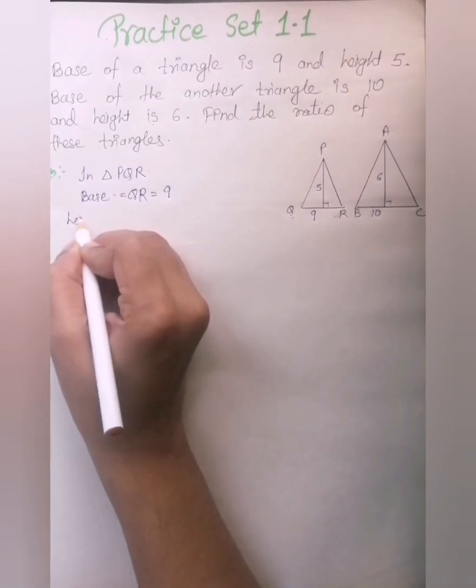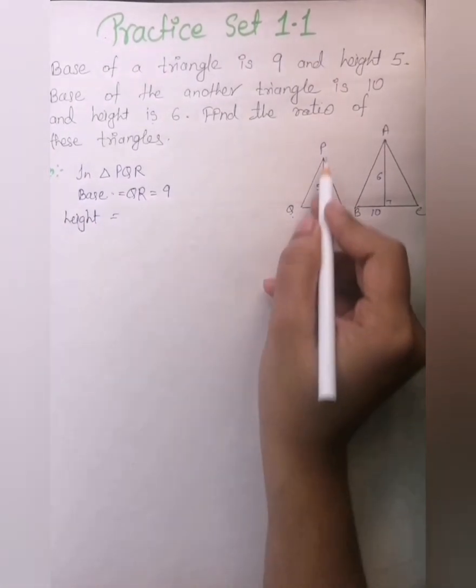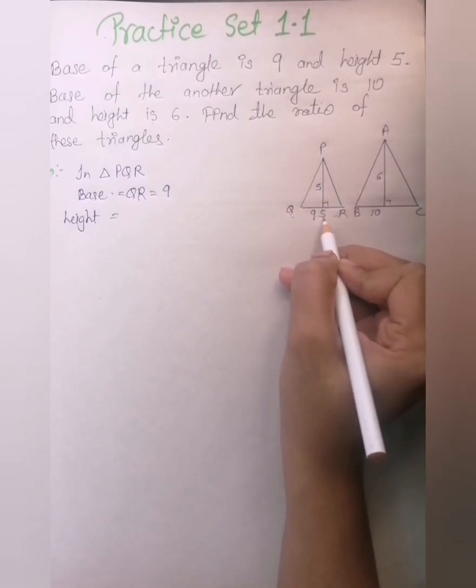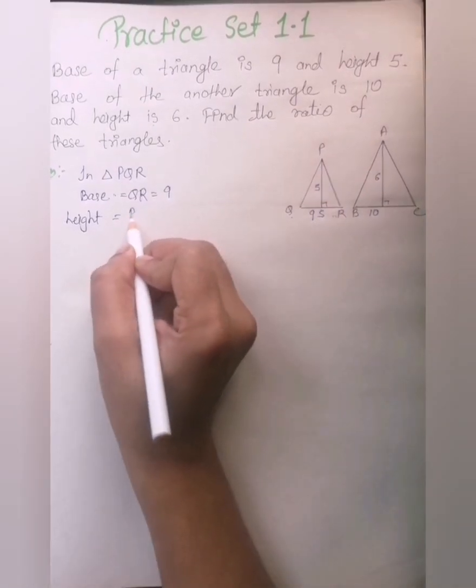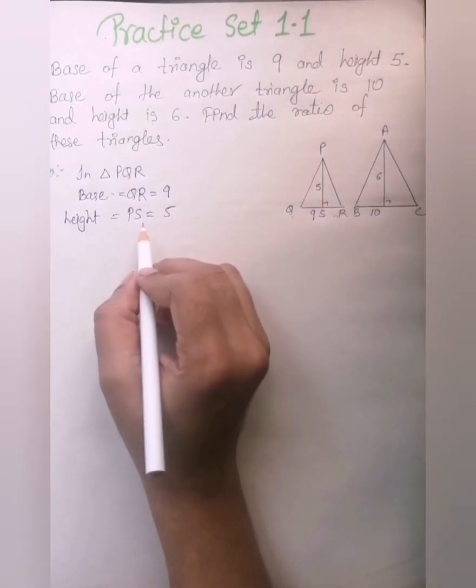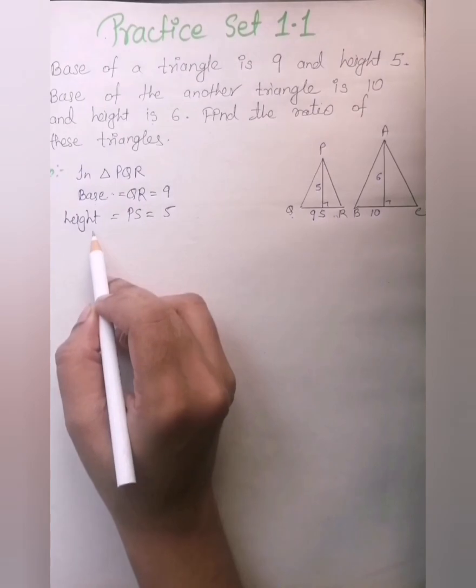Now what is the height? The height is this, so we give the name P and S: PS, and the measurement is 5. So this is the base and height.